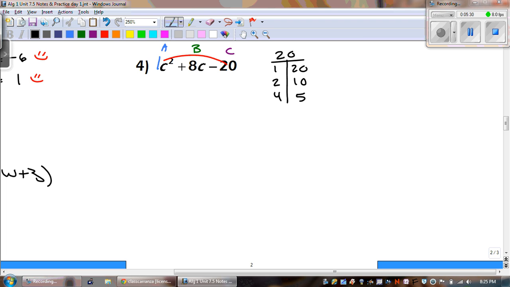So we're looking for numbers that multiply to get to negative 20 and add to give us a positive 8. Okay? So which one do you think it is? Remember, one of our numbers has to be negative. The only way to get an 8 through these is through 2 and 10.